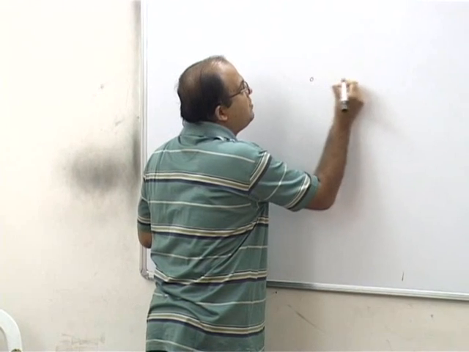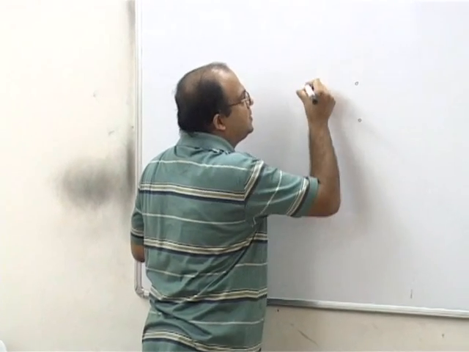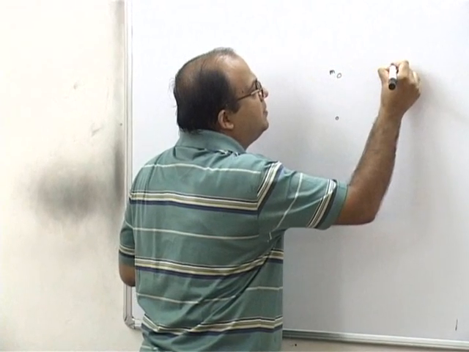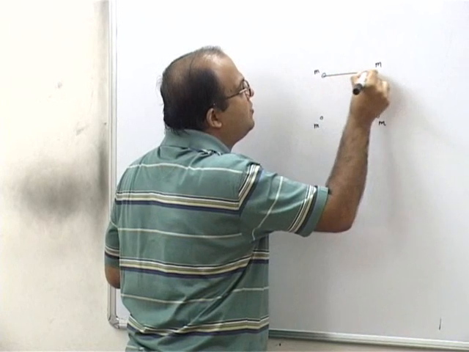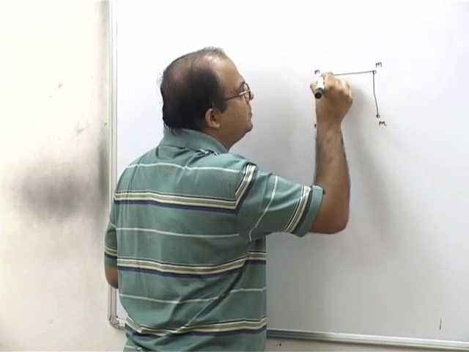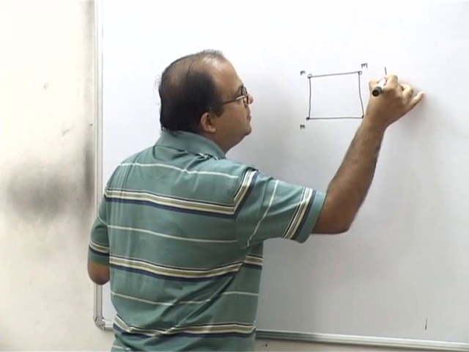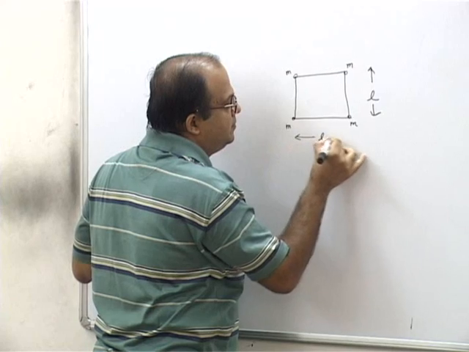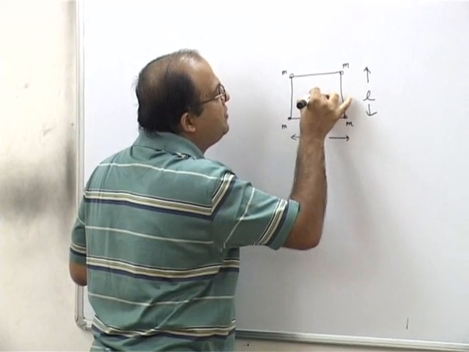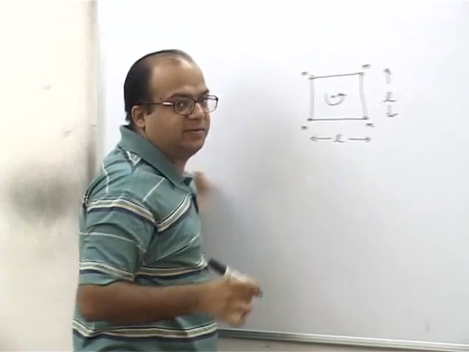Suppose you have got 4 point masses, each of mass m, located at the 4 corners of a square of side L. We will find the moment of inertia of this system about this axis.